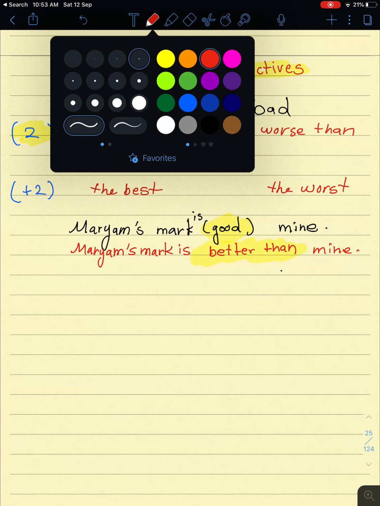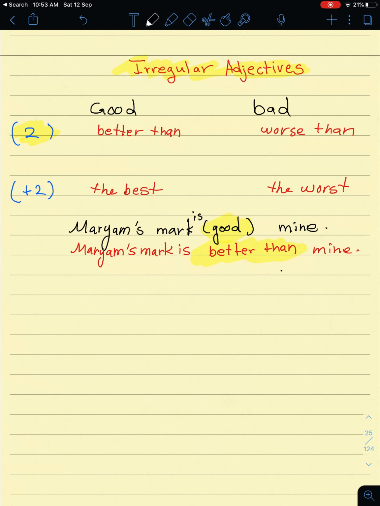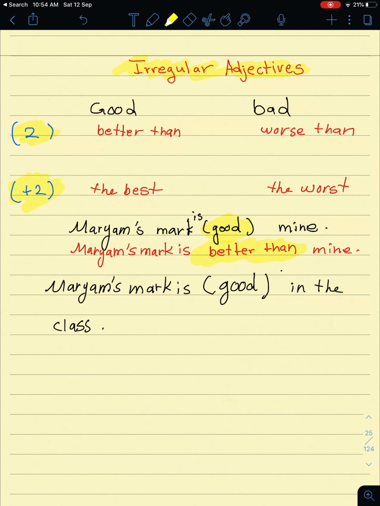Okay, now if I want to compare Miriam's mark to the whole classroom, so Miriam's mark العلامة حقتها is, let's say, good as well in the class. So here I'm comparing، هنا قاعدة أقارن Miriam to the whole class.